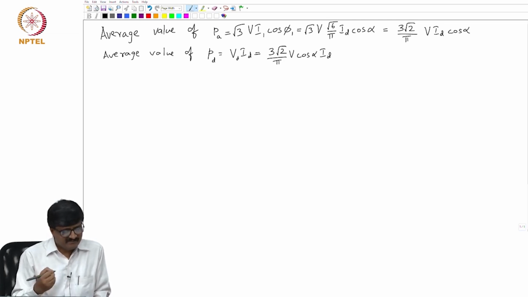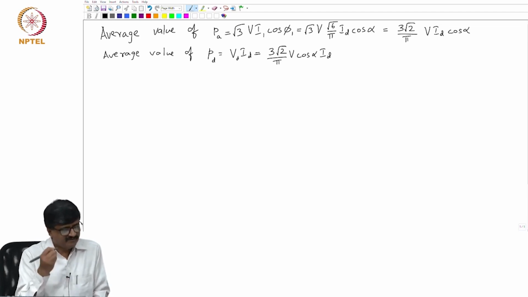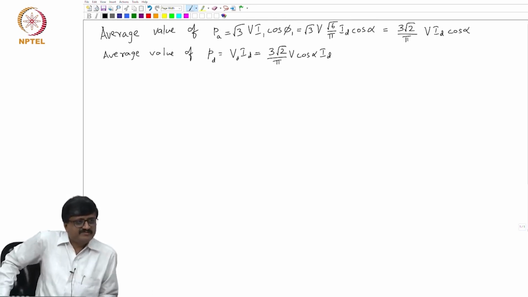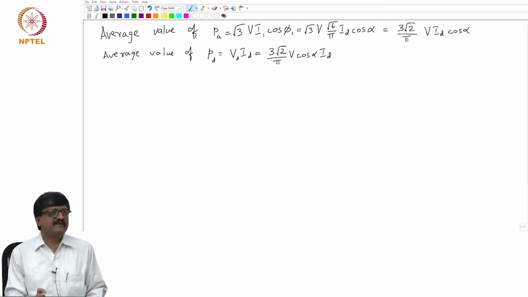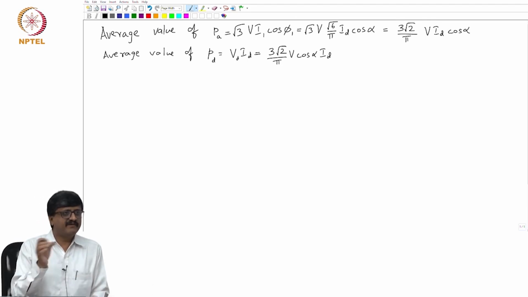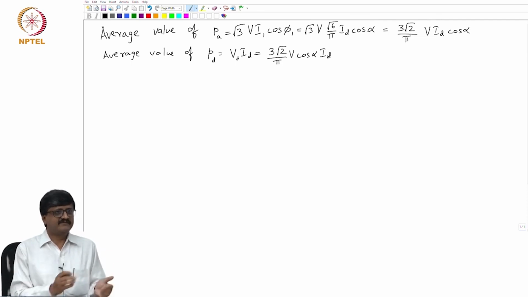So, there is no special provision for turning off. If you want to forcibly turn off a thyristor valve, you should have some additional circuit. In this case, there is no such provision. Whatever happens for the thyristor valve is based on the power circuit, that is, the line side. That is why it is called the line commutated converter.